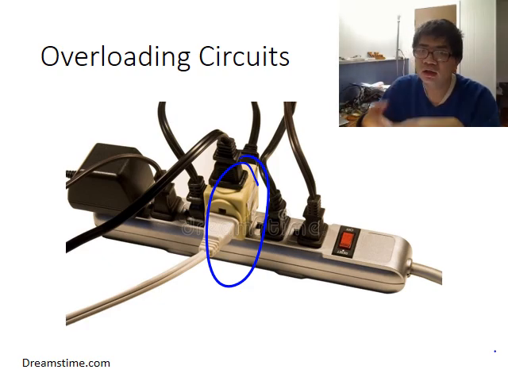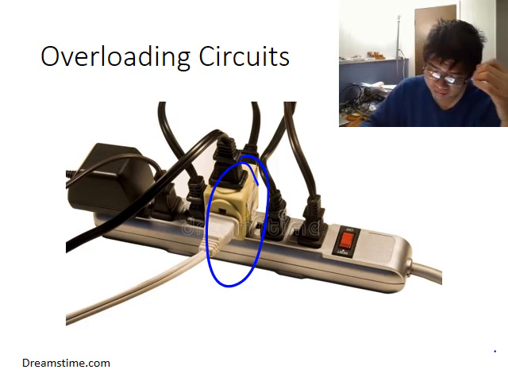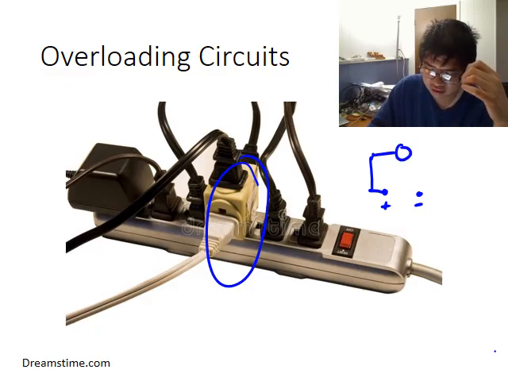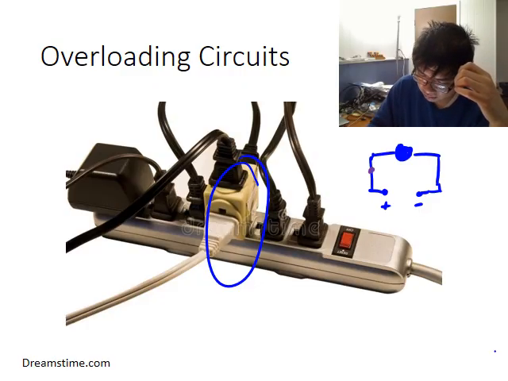Eventually, so what's going on? From a circuit's perspective, I've got a power supply. First I've got, say, device number one over here. That's fine. But what you're actually doing is creating more circuits in parallel. Number two, device number three.